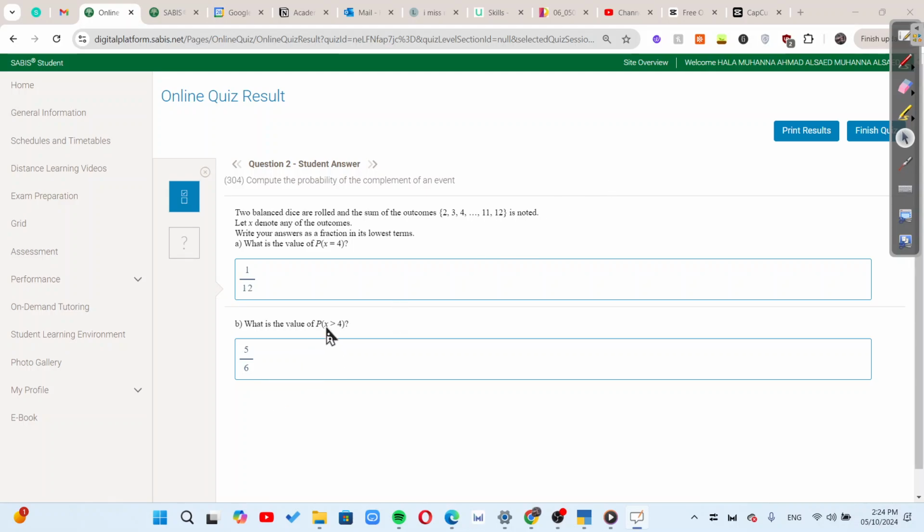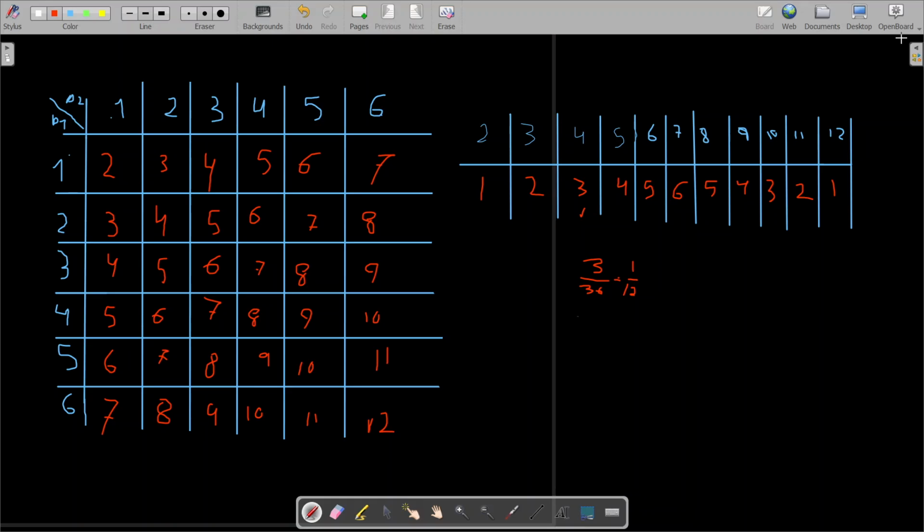Now what's the value of P for X being bigger than 4? What you're supposed to do is add all these values together. But instead of adding everything together, you know everything here is 36.